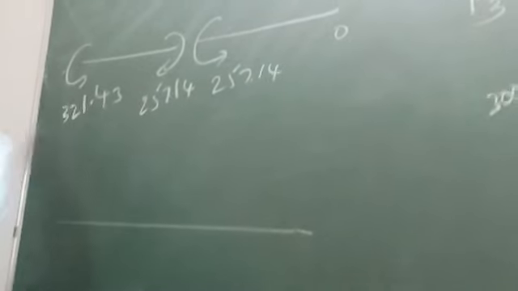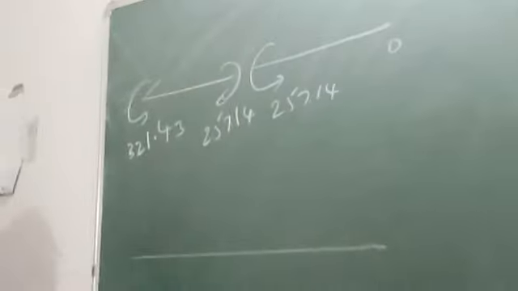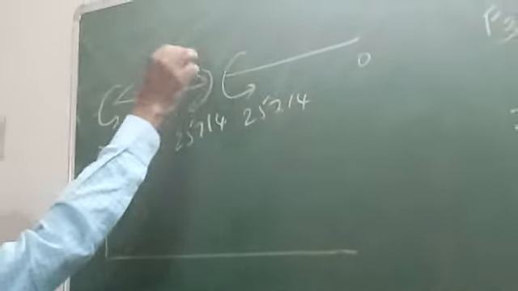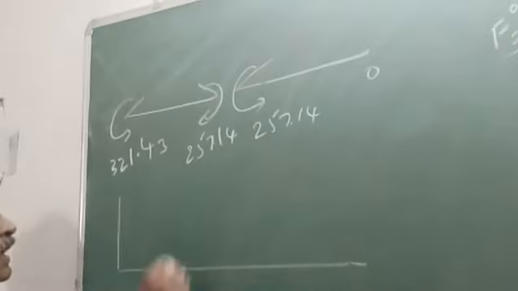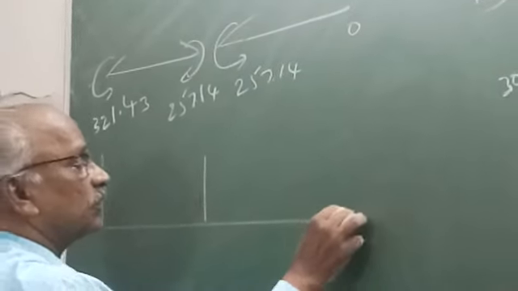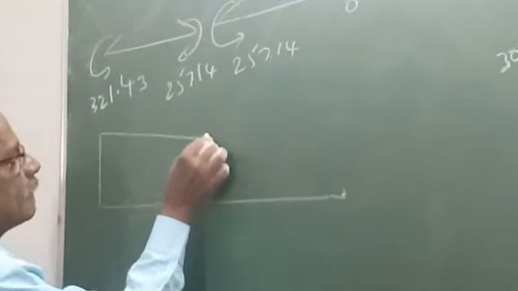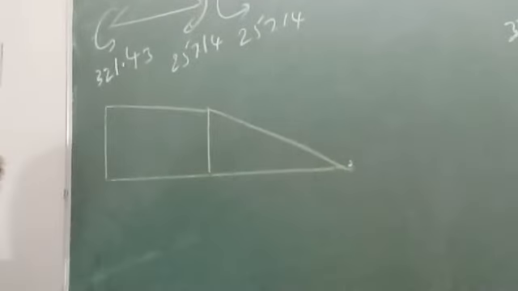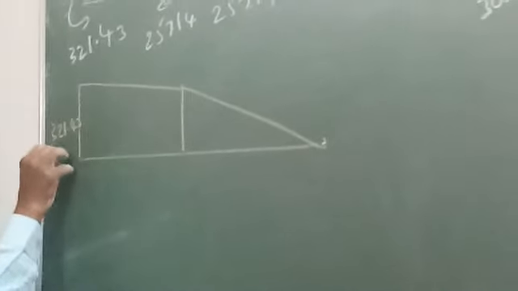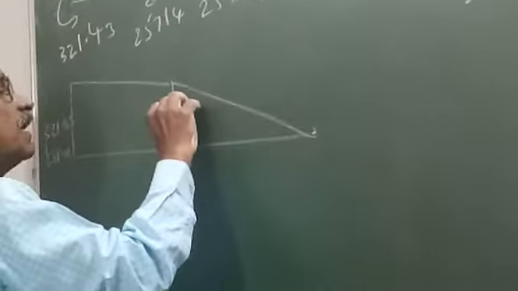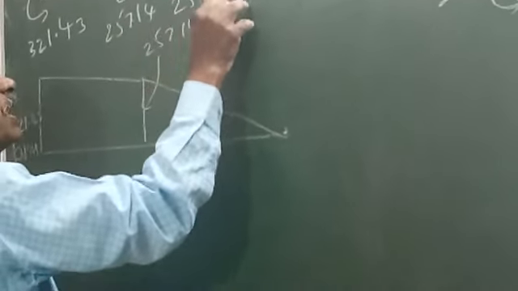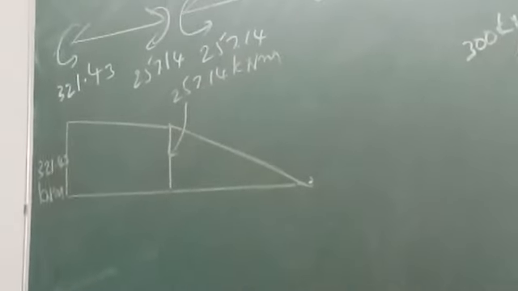This will cause tension at the top, so mark it here at the top, 321. These two also will cause tension at the top, that is also 257.14, and here it is 0. Therefore, this is the support moment diagram. This is 321.43 kilonewton meter. This value is equal to 257.14 kilonewton meter.